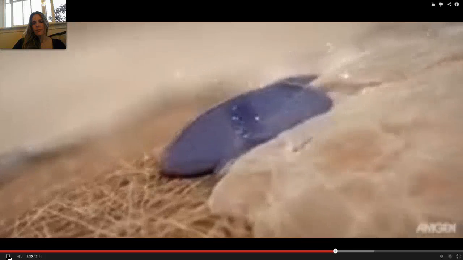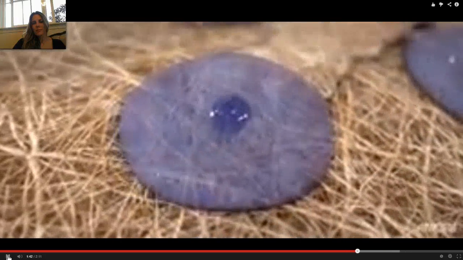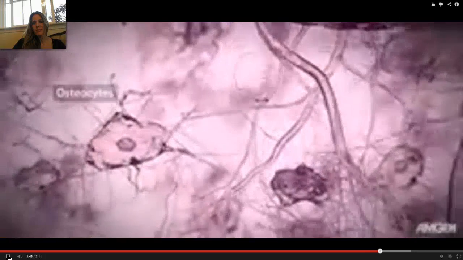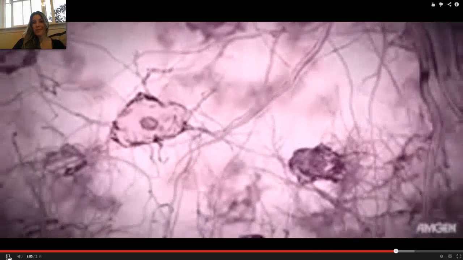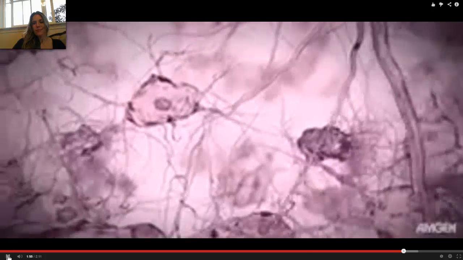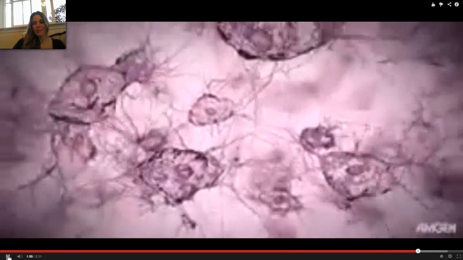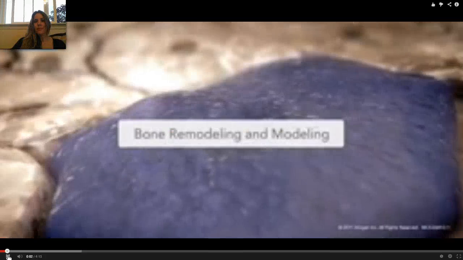Bone mineral density, or BMD, can be used to estimate the strength of bone and to assess the risk of fracture. As osteoblasts form new bone tissue, many become embedded within the matrix and differentiate into osteocytes. The structure, composition, and cellular processes that occur within bone allow it to simultaneously serve as a calcium reservoir.